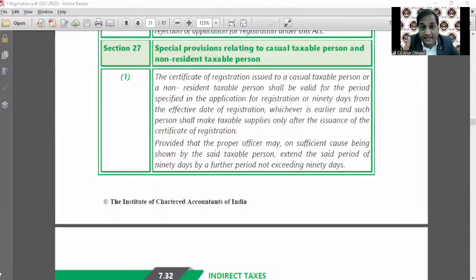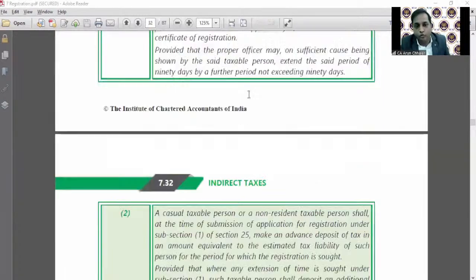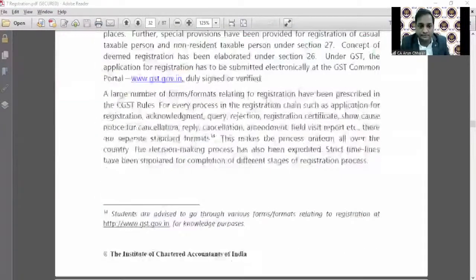One thing is clear: Arun cannot make a taxable supply from Delhi without taking the registration. He needs to register, but he has a choice, because he does not have a fixed place of business in Delhi. Therefore, he has the option to go for casual taxable person.